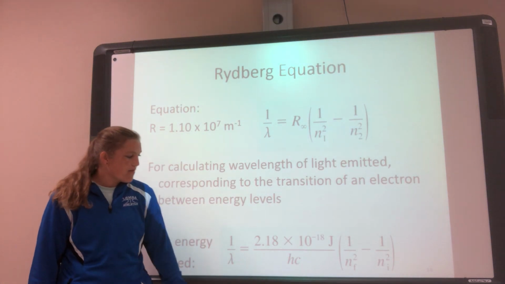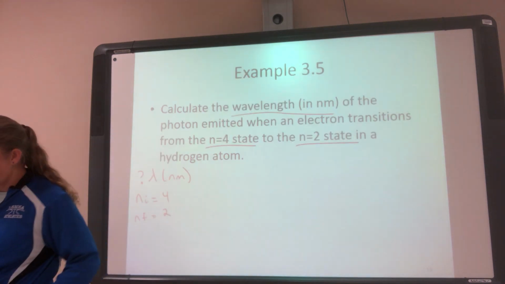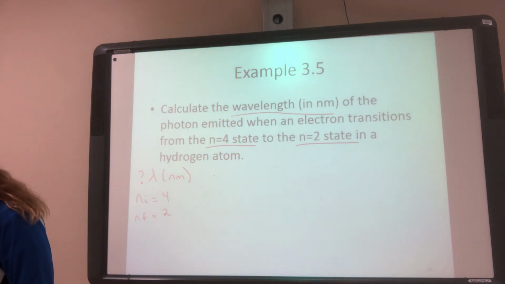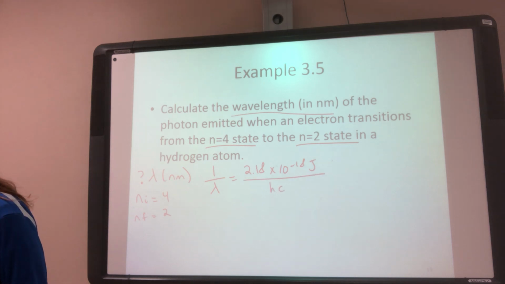So now we take our Rydberg equation and we're going to plug everything in. Our Rydberg equation was 1 over lambda is equal to 2.18 times 10 to the negative 18 joules over hc, times 1 over nf squared minus 1 over ni squared.